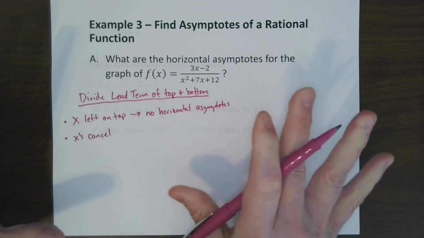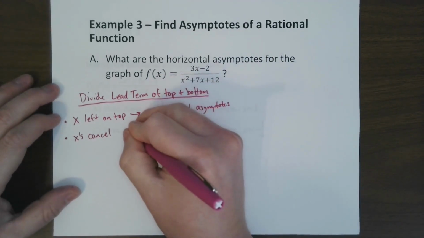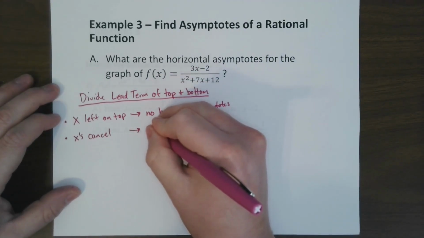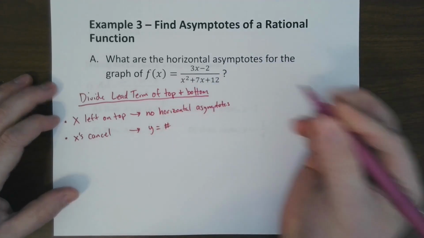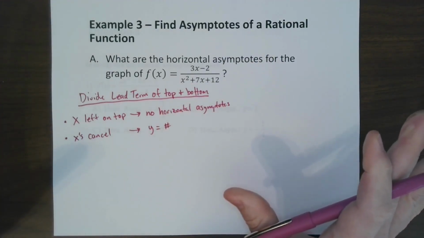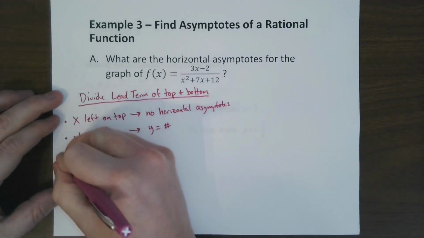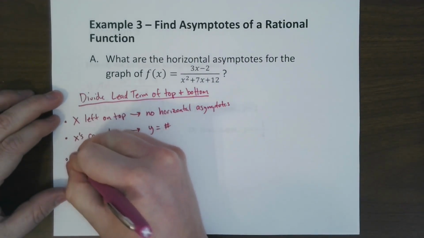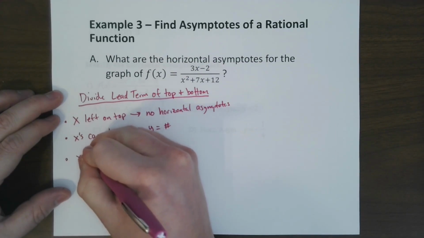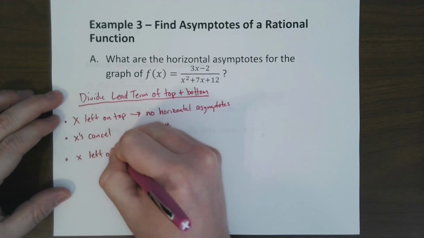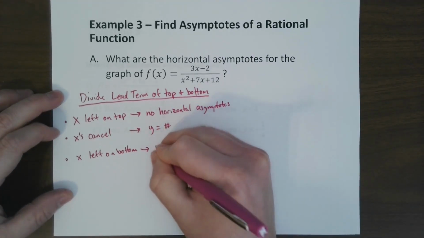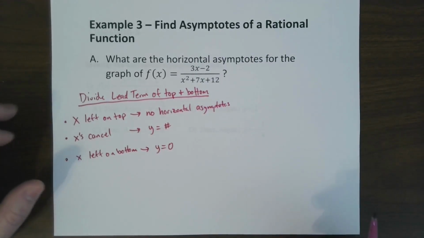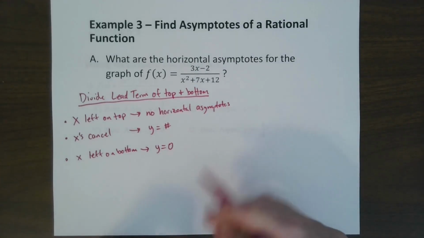In other words, there are no more x's at all. If that's the case, then your horizontal asymptote is y equals whatever number you're left with. And the last one is x is left on the bottom. In other words, there's an x left on the bottom after you're done. That's automatically y equals 0, no matter what. So these are the three cases that show up.